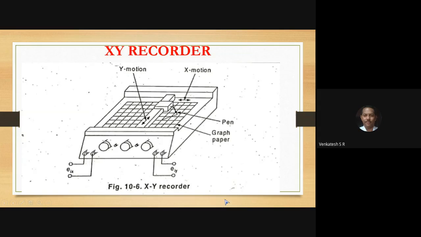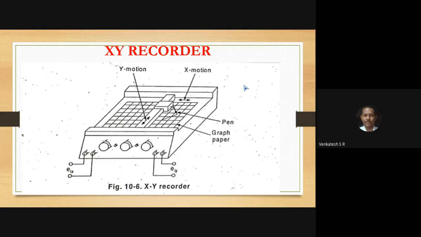This is also used in electrocardiography, that is used for measuring heartbeats. Nowadays, they are using the stylus type of oscillograph or light beam oscillograph. That is very compact and smaller. Previously, they were using the XY recorder.